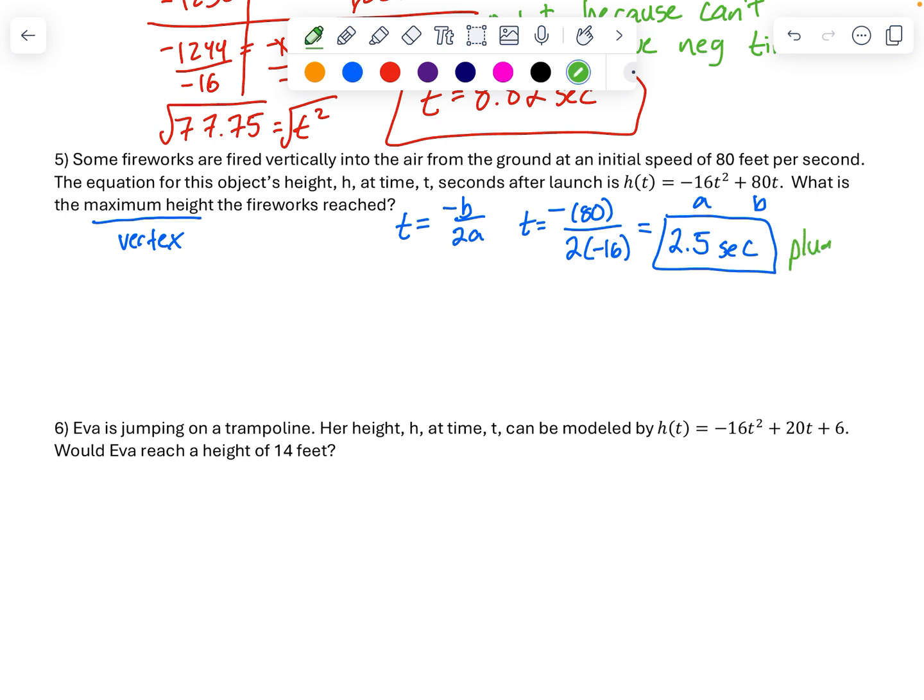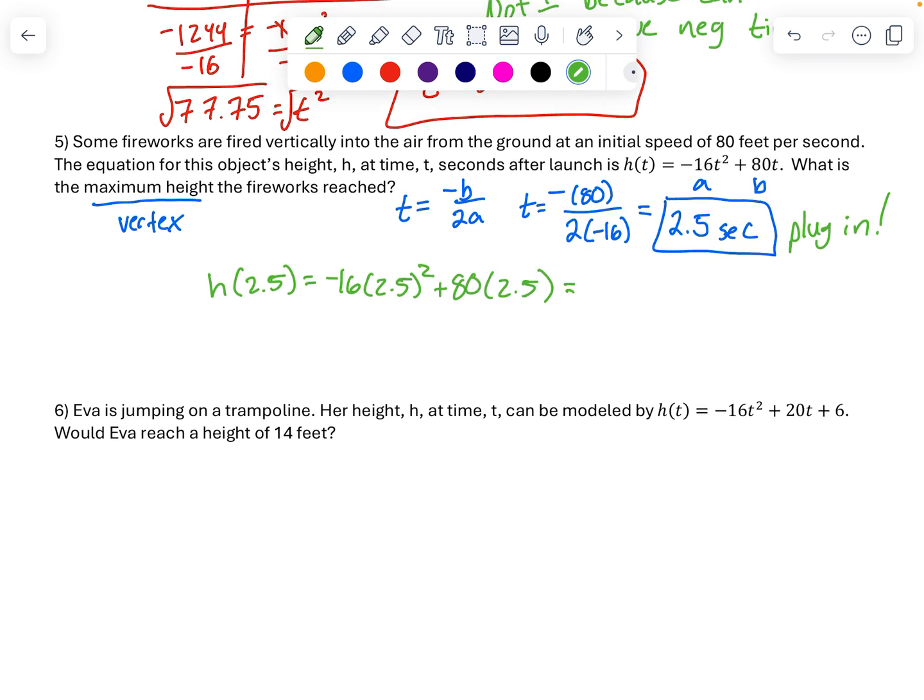Now we're going to plug that in to find the maximum height. So we're going to do h of 2.5 equals negative 16 times 2.5 squared plus 80 times 2.5. I typed it into my calculator, and it turned out really nicely. It was 100. So 100 feet is going to be the maximum height.